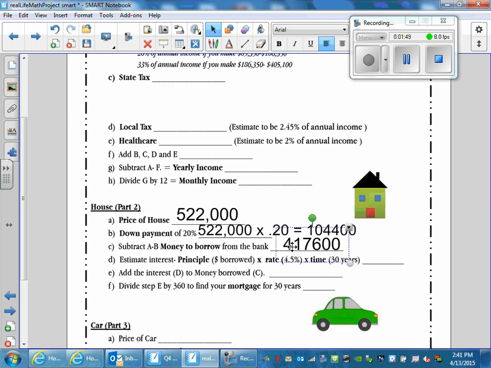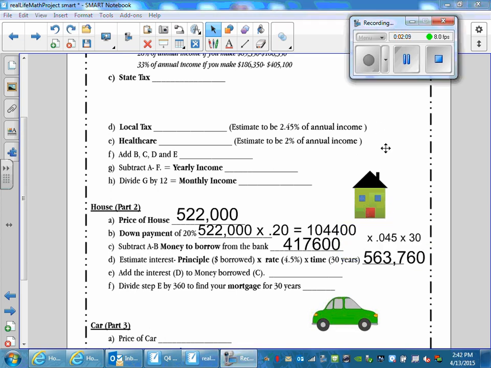So now I'm going to take this number times 0.045, that's a good interest rate, times 30 to see how much interest is going to happen on the house. So I'm going to go ahead and do that.